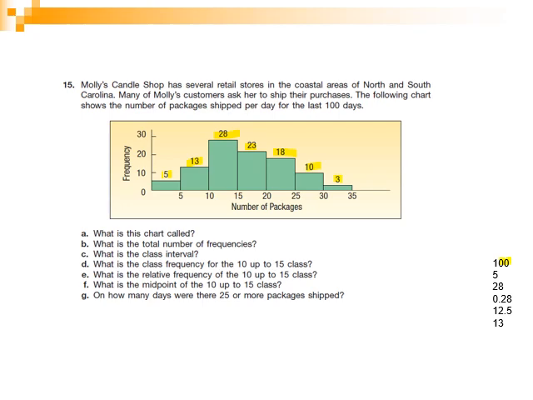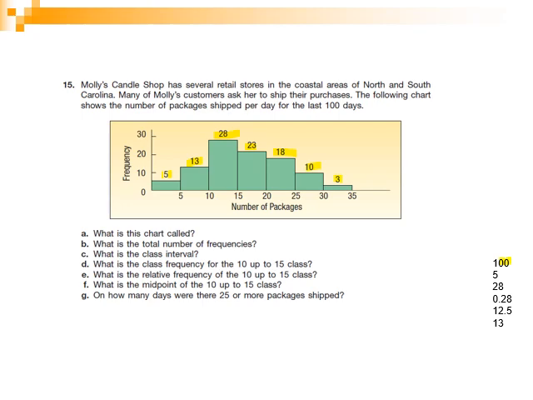Easily we can find the class interval by subtracting the lower limit from the upper limit: 10 minus 5 equals 5, 15 minus 10 equals 5, 20 minus 15 equals 5. So the class interval, or class width, equals 5.